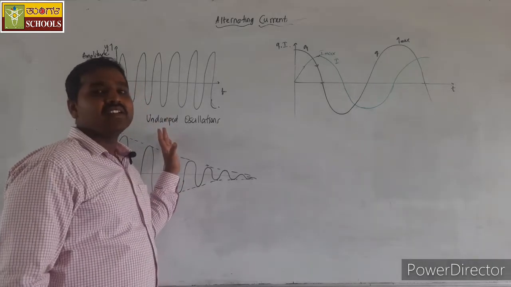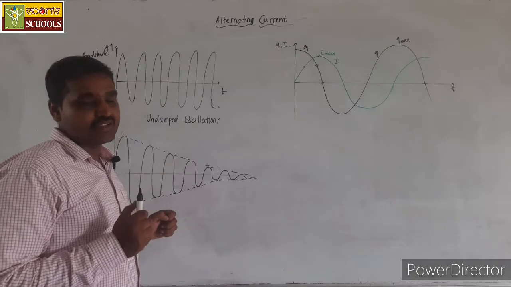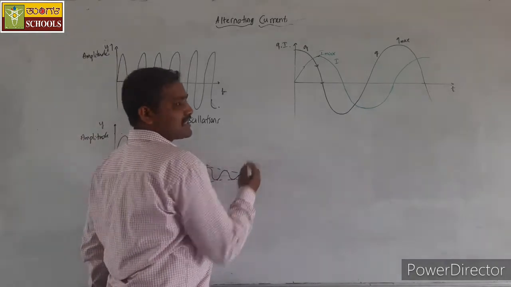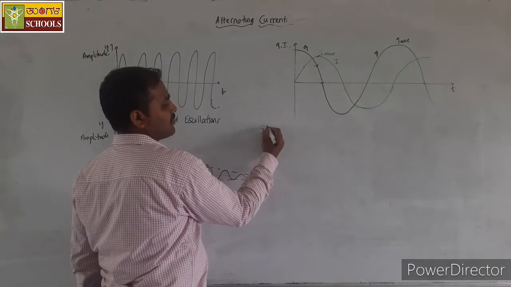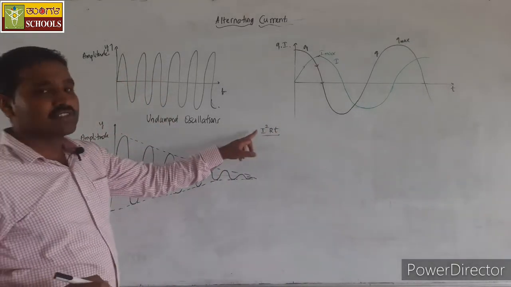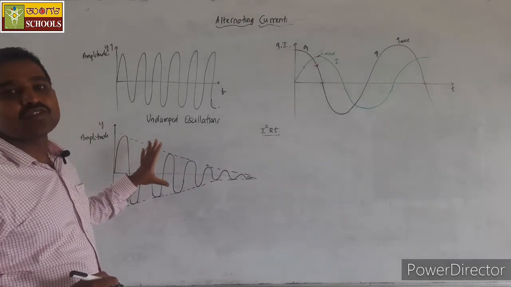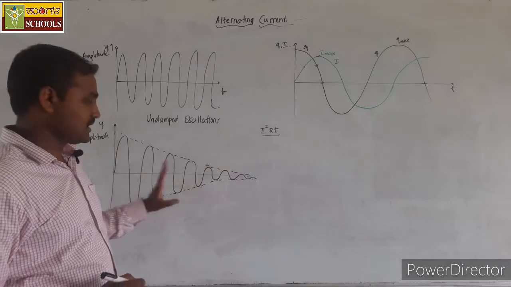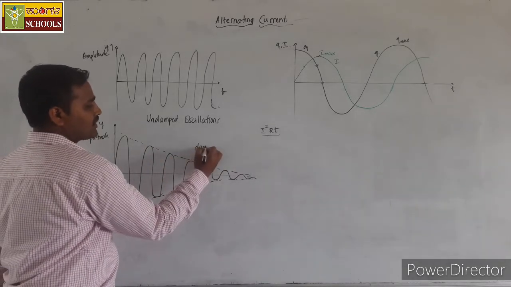But practically an inductor capacitor circuit will have some finite resistance. Because of that finite resistance there is some loss of power, that is, heat losses given by I squared R t. Because of this loss of energy, gradually the amplitude of these LCR oscillations reduces like this. This second figure indicates damped oscillations.